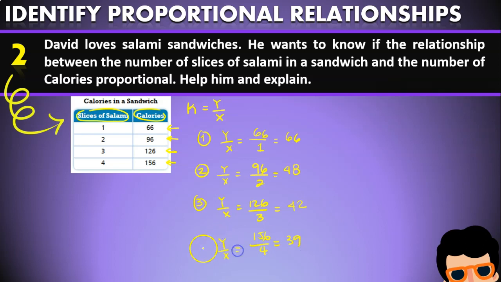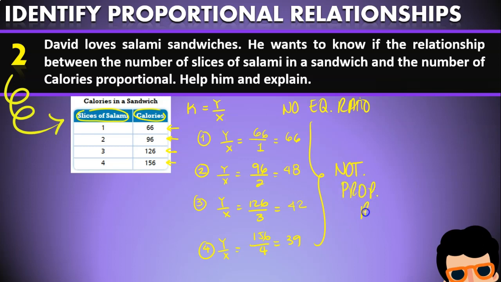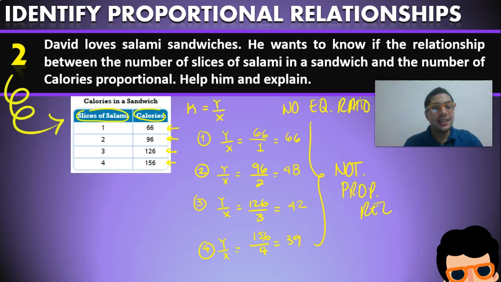So again, in this case, we are not in the presence of a proportional relationship because we do not have an equivalent ratio. So no equivalent ratio means we are not talking about a proportional relationship. And that is it, guys.